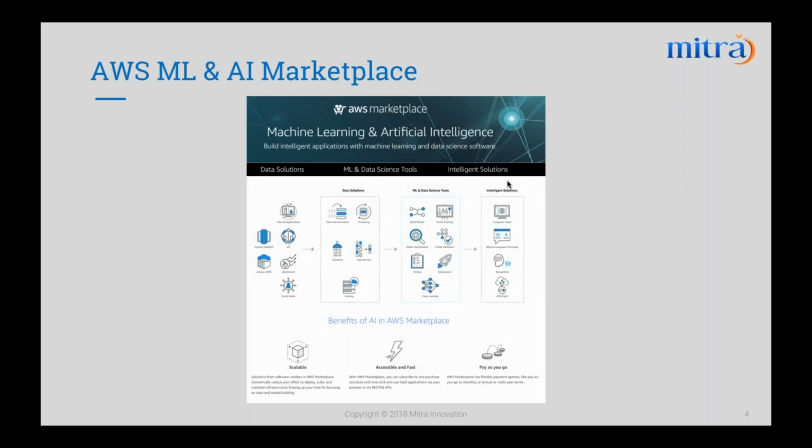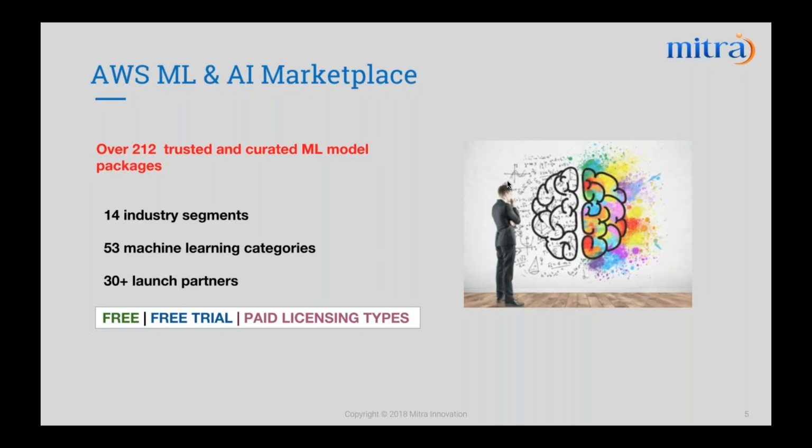Before we deep dive, let's also look into what AWS ML Marketplace offers. If you go through the taxonomy of all the offered categories, there are around 53 machine learning categories, and over 200 trusted, curated machine learning models and packages that you can use. There are also 30 plus launch partners who continuously publish their improved and newest machine learning models to this platform.